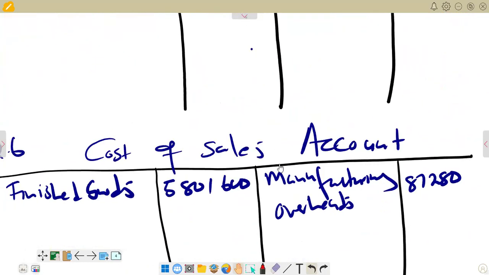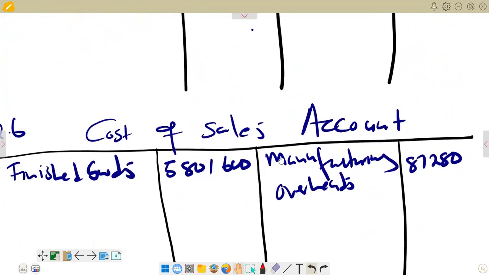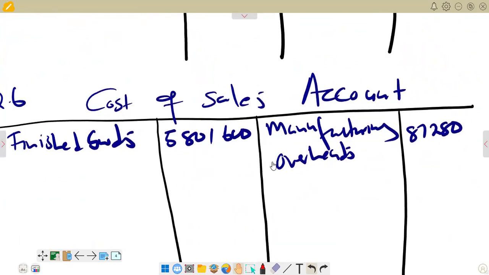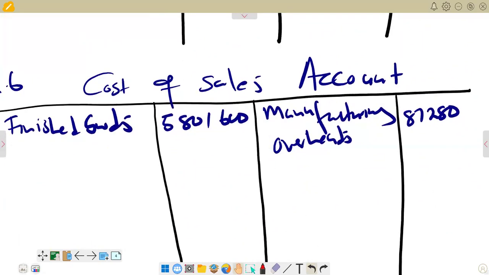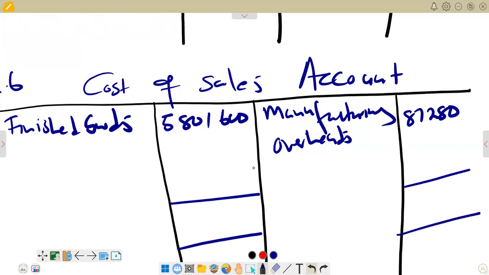Right, if you go to the cost of sales, you see that cost of sales also we need to balance it, so we can put our double lines. Remember, the balance of a cost of sales account is supposed to transfer to the trading account. So whenever the side we're having the balance figure, we just transfer it to the trading account. So if you compare the debit and credit, you see that the debit is greater, we get a greater figure on the debit side, which is supposed to come in between the double lines, 5,801,600.